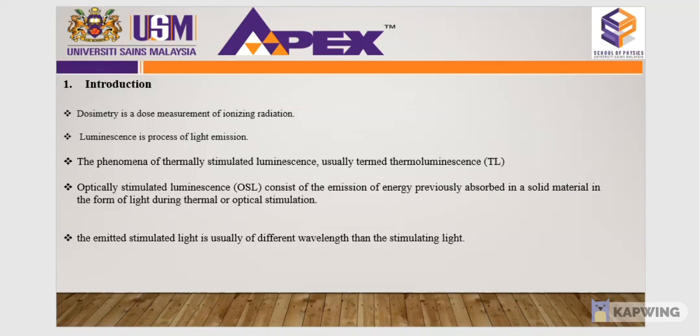The phenomenon of thermally stimulated luminescence, usually termed thermoluminescence, which is TL, and optically stimulated luminescence, referred to as OSL, consists of the emission of energy previously absorbed by a solid material in the form of light during thermal or optical stimulation. The emitted light is usually of a different wavelength than the stimulating light.